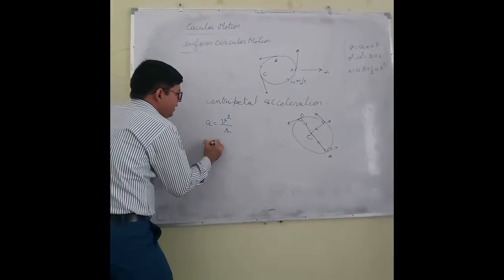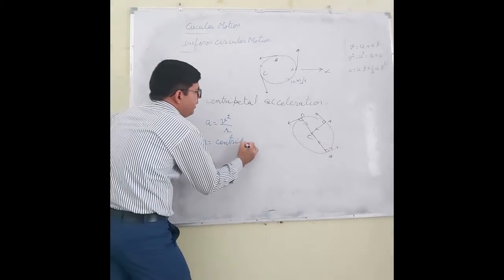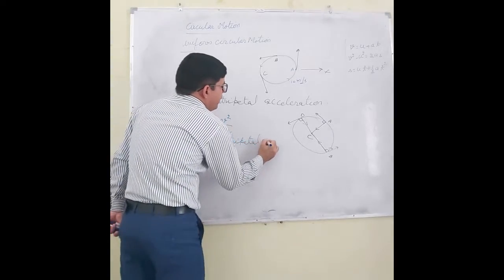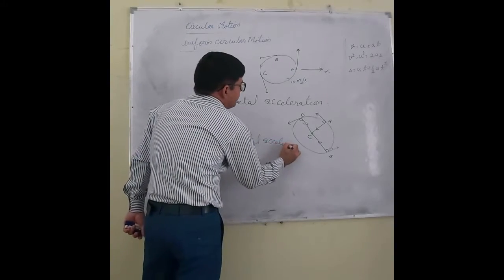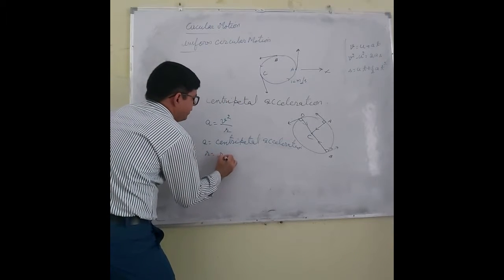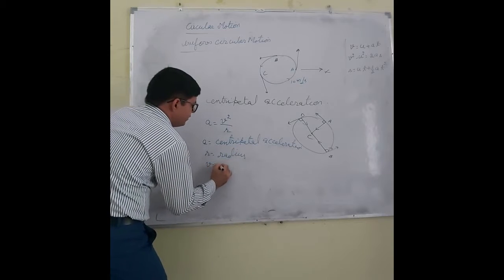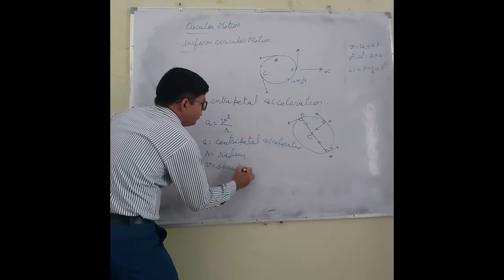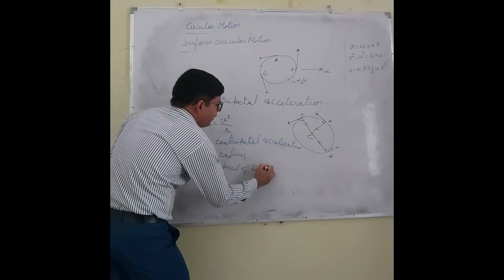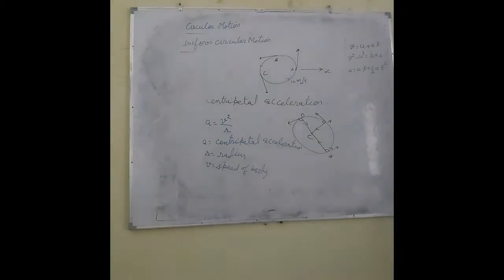What is A? A is centripetal acceleration, r is the radius, and v is the speed of the body describing circular motion.